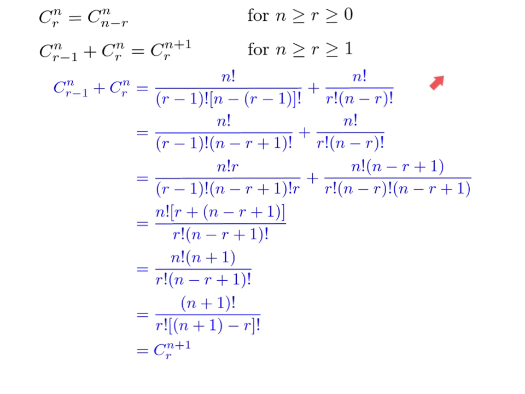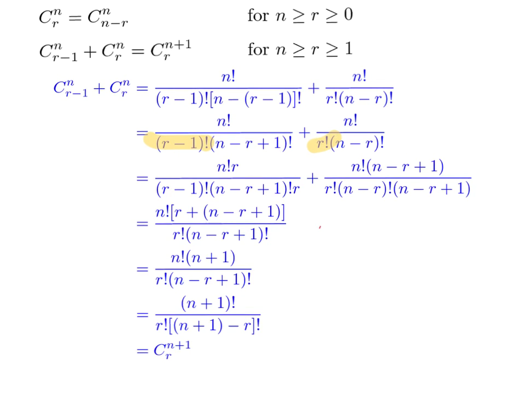This is just the definitions of nC(r minus 1) and nCr, and n minus the bracket r minus 1 is equal to n minus r plus 1. Take a look at the denominators. Here we have the factorial of r minus 1, and here we have the factorial of r.